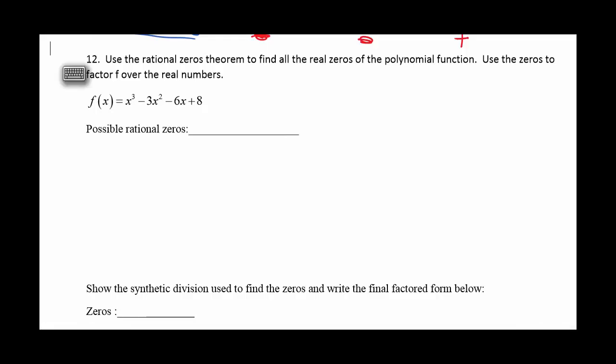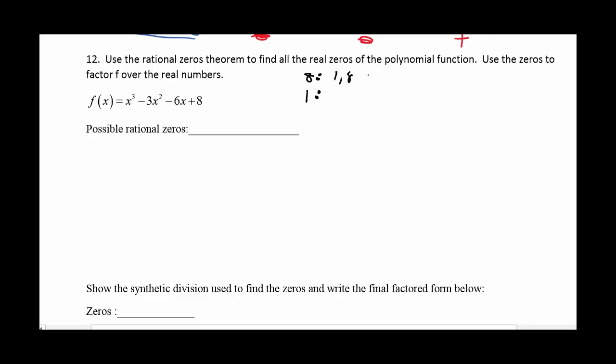Number 12, we're asked to use the rational zeros theorem. Find all the real zeros of the polynomial. So this is that p over q process that we looked at earlier in the course. I want to start with the last number, which is 8, and the leading coefficient, which is 1. And I want to make a list of all the possible factors of 8.